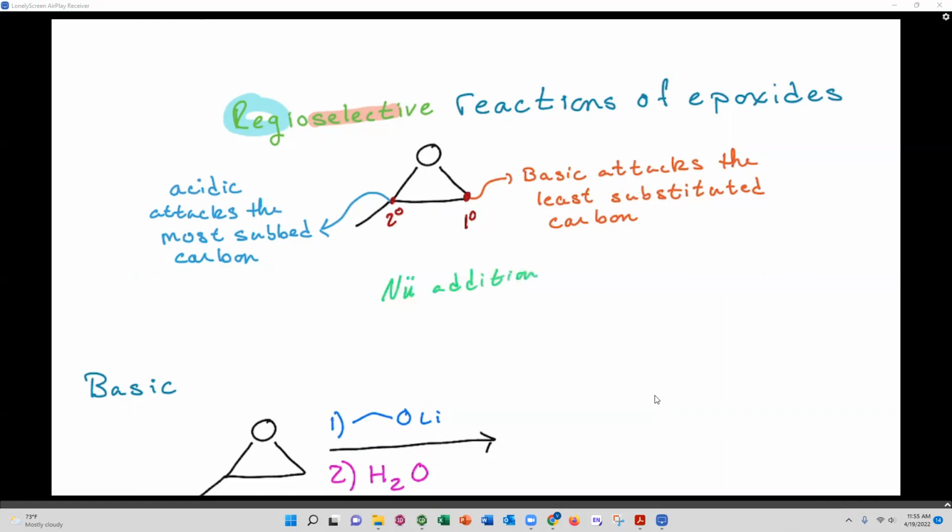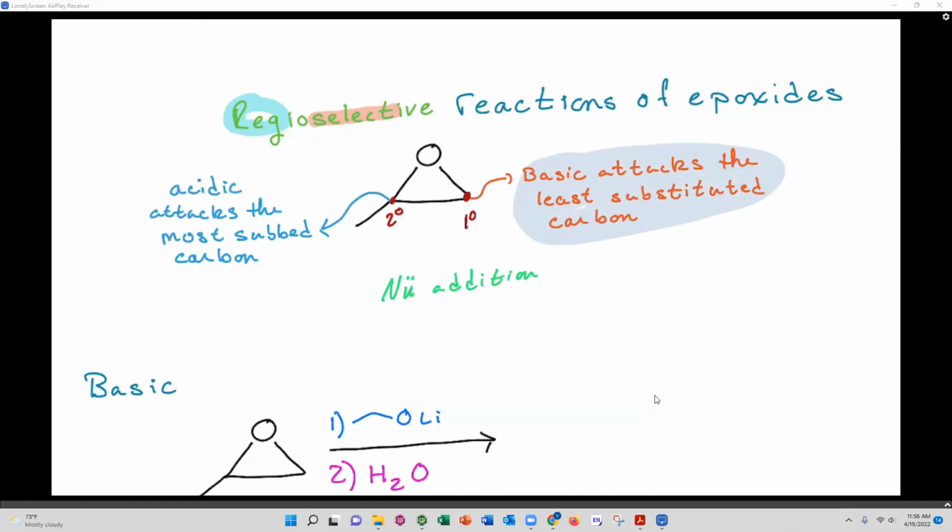When we talk about a nucleophilic addition, we're going to talk about the nucleophile either adding to the more substituted or the least substituted carbon, okay? Under basic conditions, what we observe is that my nucleophile will attack the least substituted carbon.